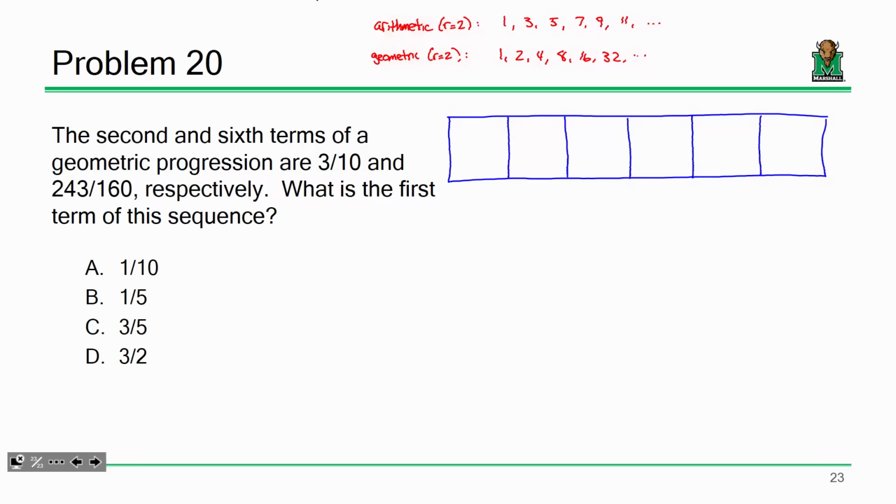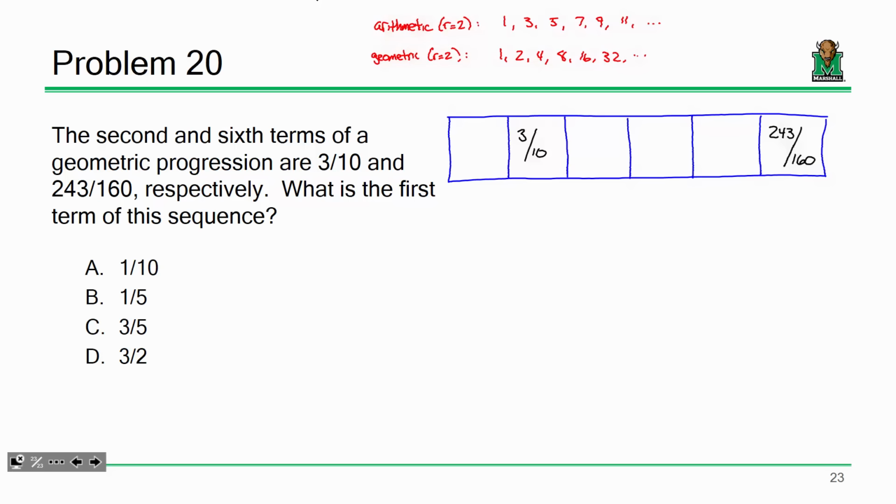Okay. So I propose that the second term I'm going to write here is 3/10, and the sixth term is 243 over 160. I propose that we need to fill the remainder of these boxes in.